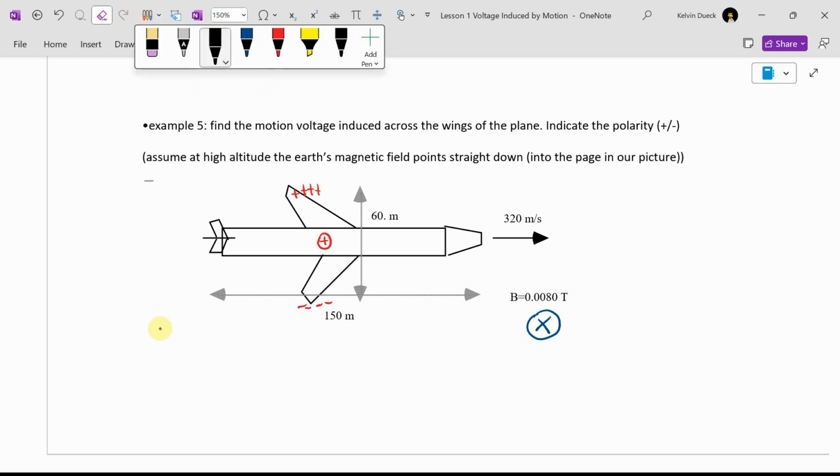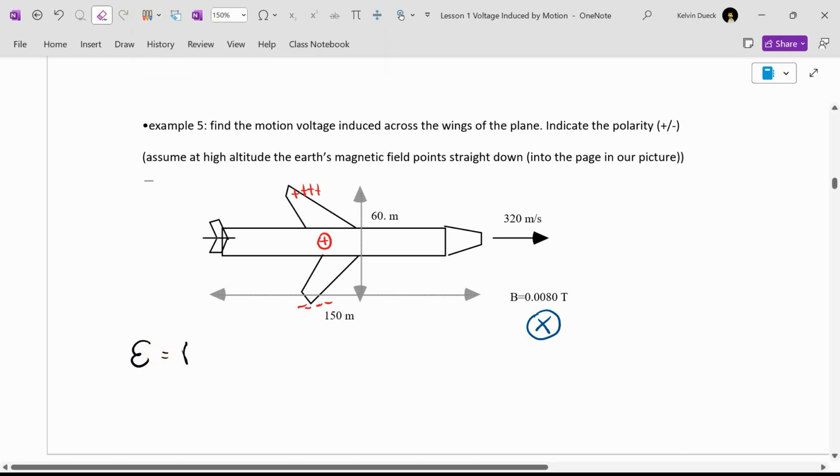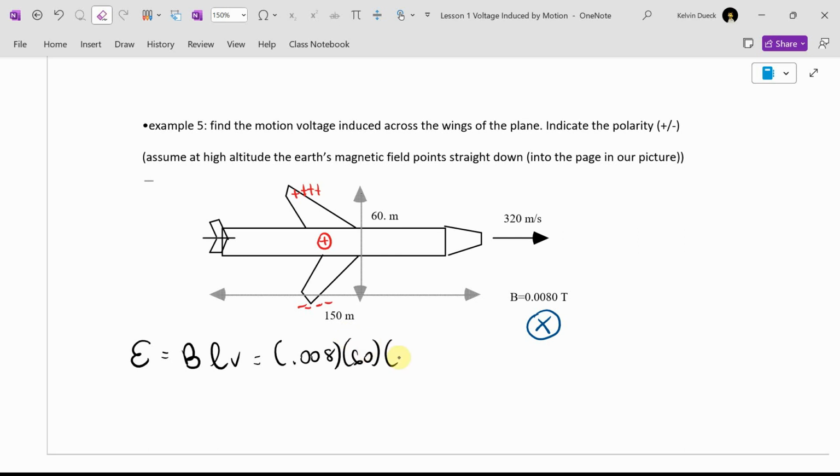How big a voltage? Well, the induced motion voltage is going to be BLV. Earth's magnetic field is 0.008 at this altitude. The length is 60 meters. Speed is 320.